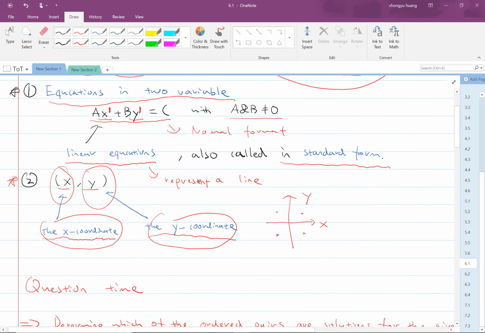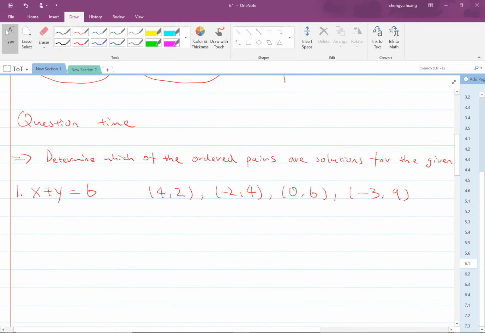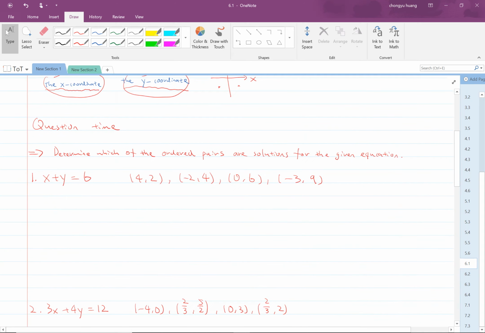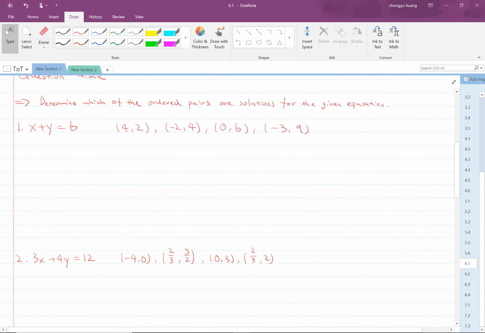So let's move into the question part. We have a total of 6 questions, with different kinds of questions. First, we have to determine whether the ordered pairs are solutions for the given equation, and we have two questions for this.